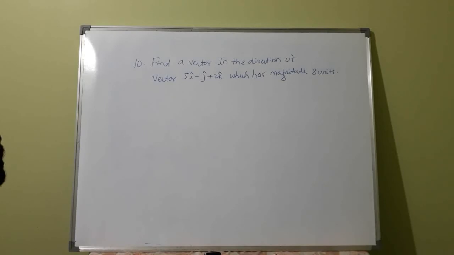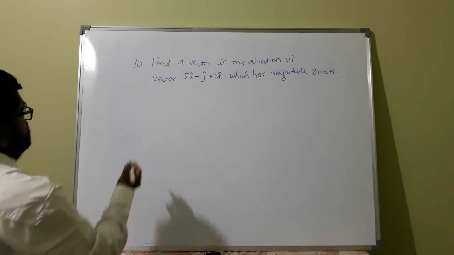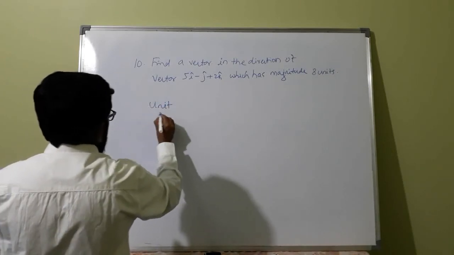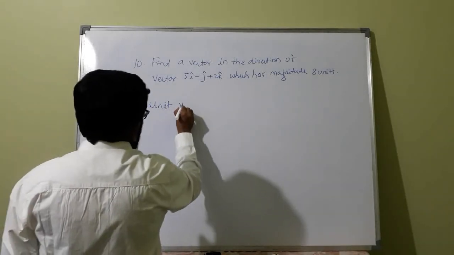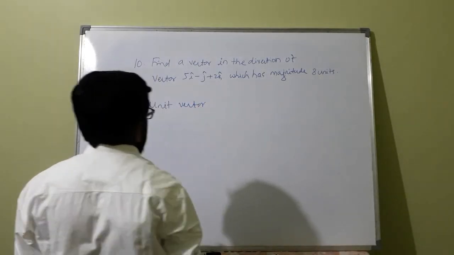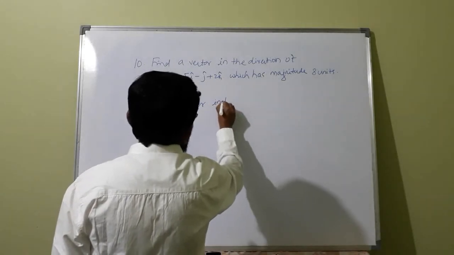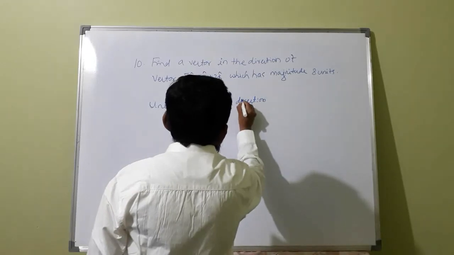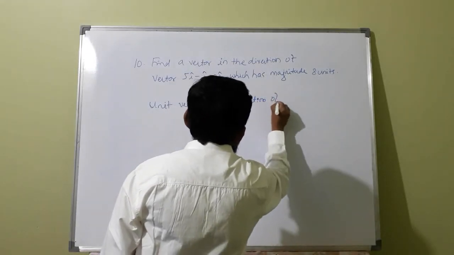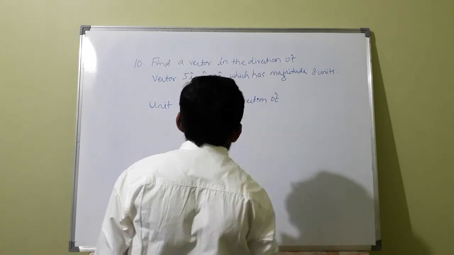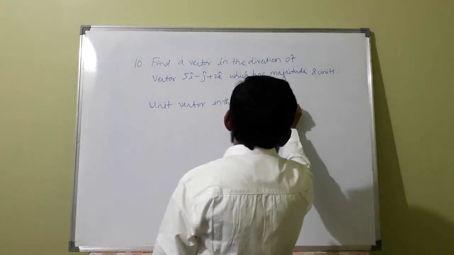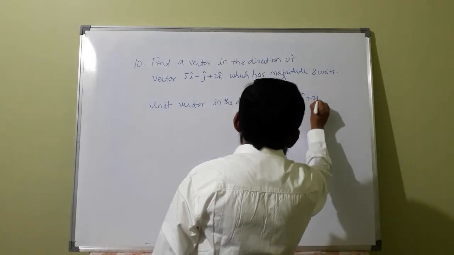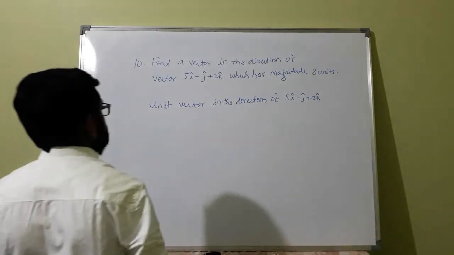Okay, work out this. So let us find the unit vector in the direction of 5i minus j plus 2k.